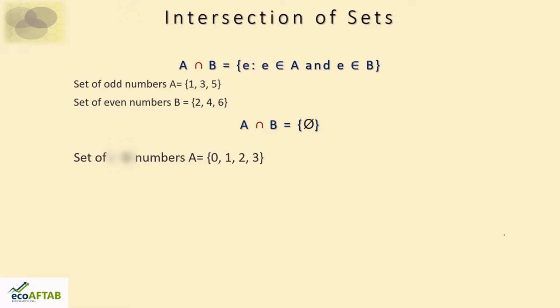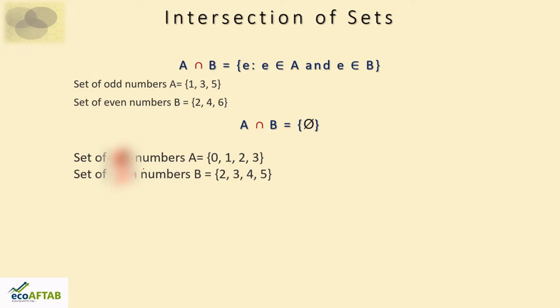We'll take one more example. Let us take a set of numbers where A has elements 0, 1, 2, 3 and another set B, which has 2, 3, 4, 5.